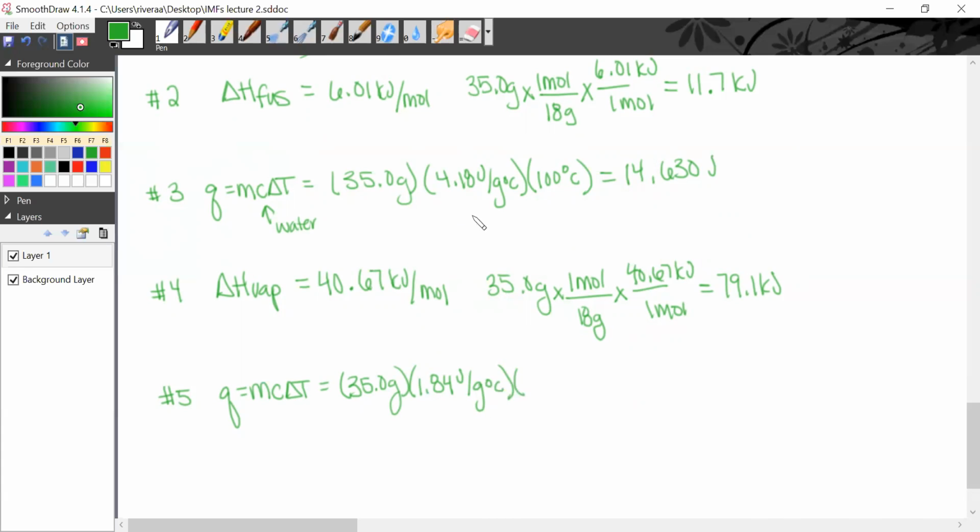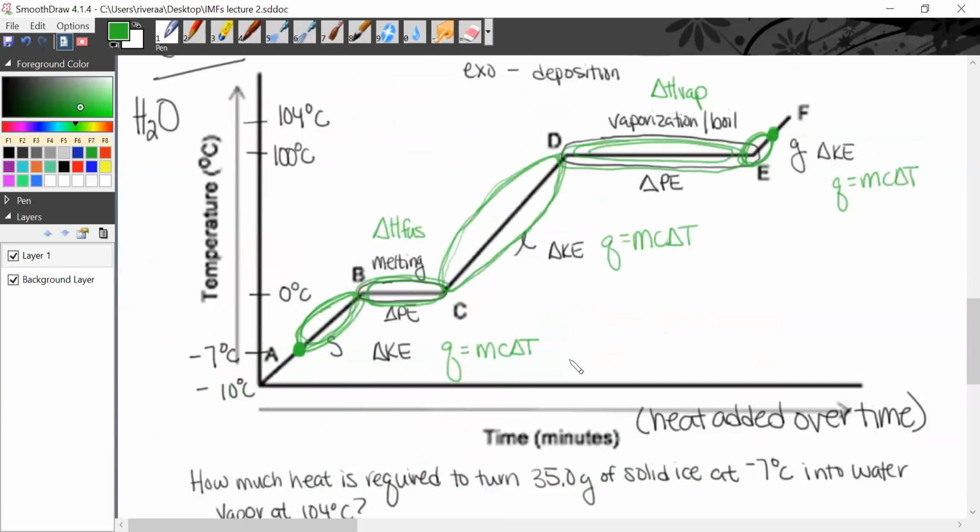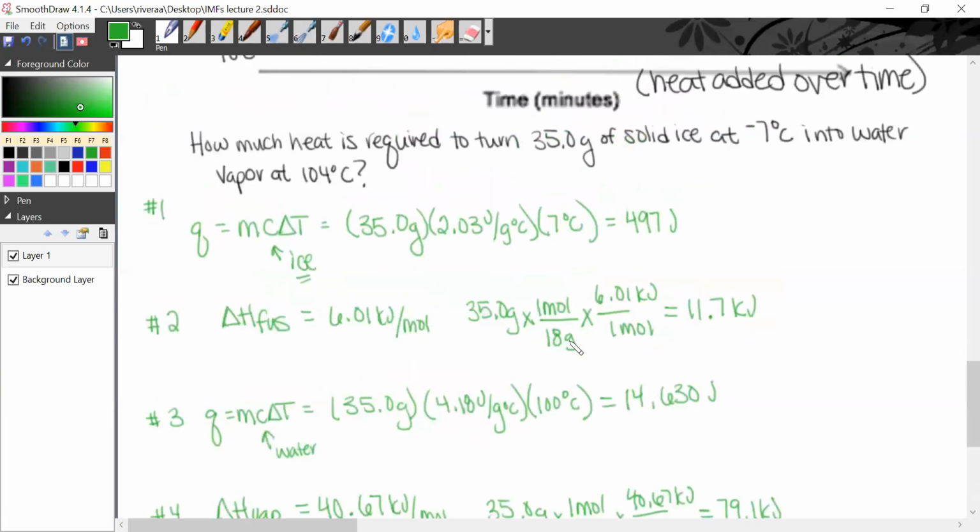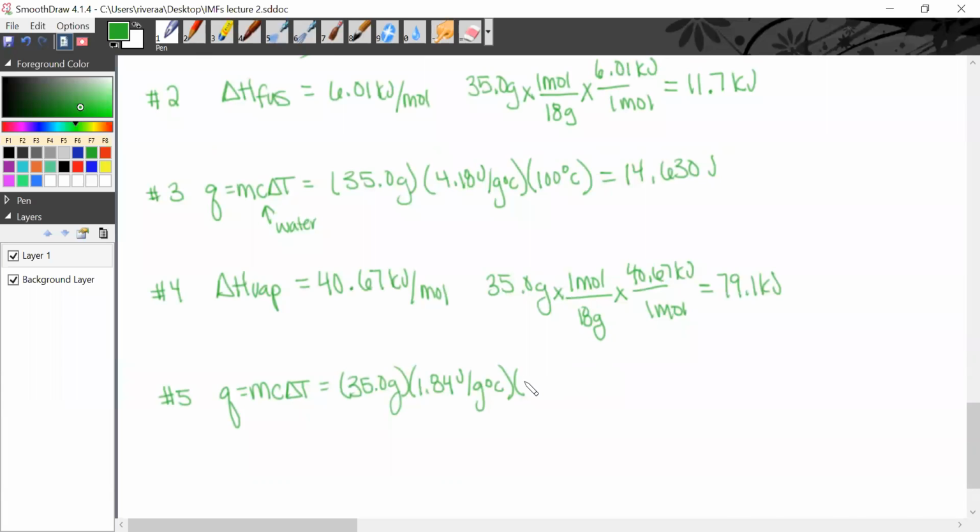Easier to change the temperature of a gas than to change the temperature of the liquid. And the delta T this time, what did I say? 100 to 104. So 4 degrees Celsius temperature change. 0.258 joules.